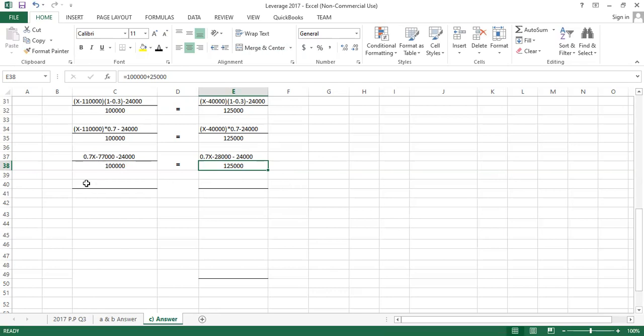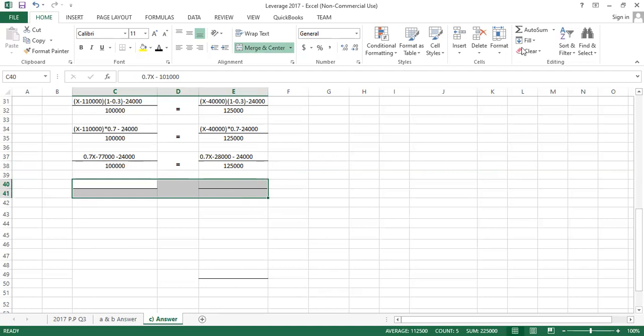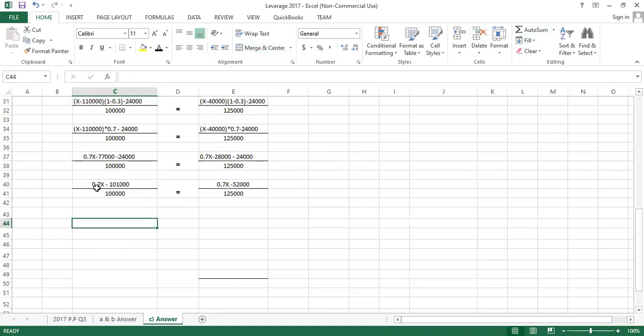Then solving further, we get 0.7X minus 77,000 and 24,000, which means 101,000, divided by 100,000. Likewise, 0.7X minus 28,000 and 24,000 is 52,000, divided by 125,000.